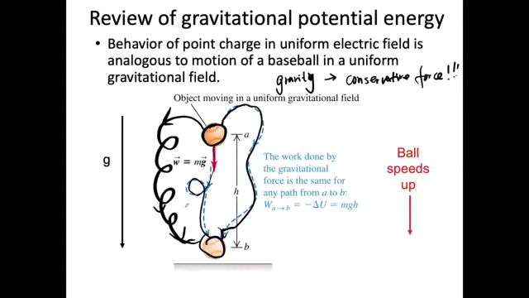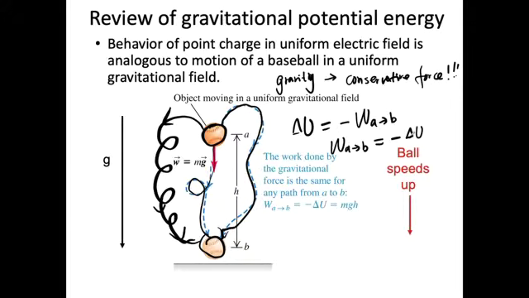Okay, so let's recall the change of potential energy is defined as the negative of the work done by the conservative force from initial position to final position. So you can also, of course, write it as the work done by this conservative force from A to B equals the negative of the change in potential energy.